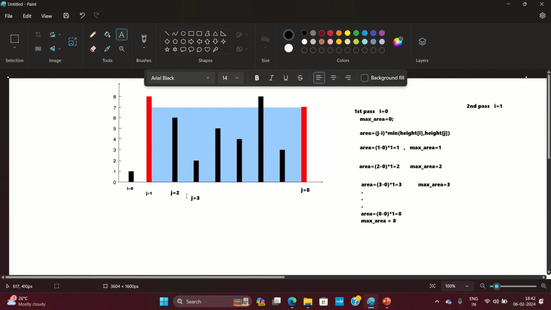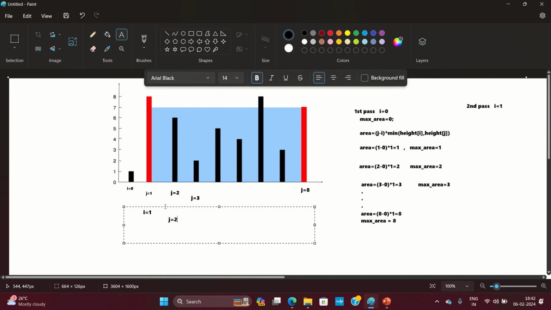For the second pass, I'm considering a separate row. Say this is where I points, I is equal to 1, and j starts from 2.